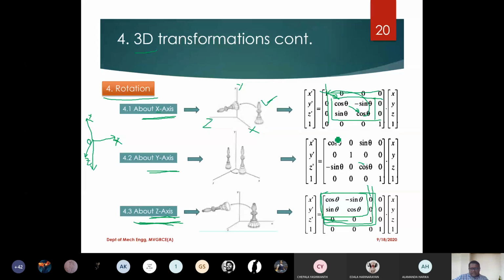And this sin theta will be filled in this position, and minus sin theta will be filled in this position. If you can understand the movement of these cos theta, sin theta terms as you change from one axis to another, you can easily remember. Otherwise you have to learn them by heart.